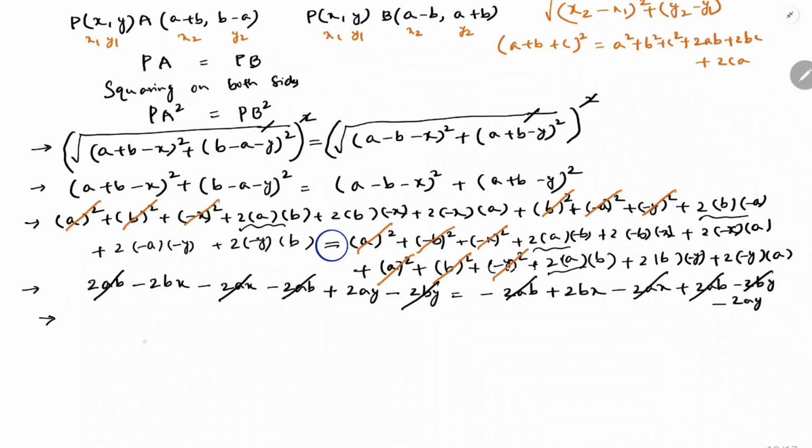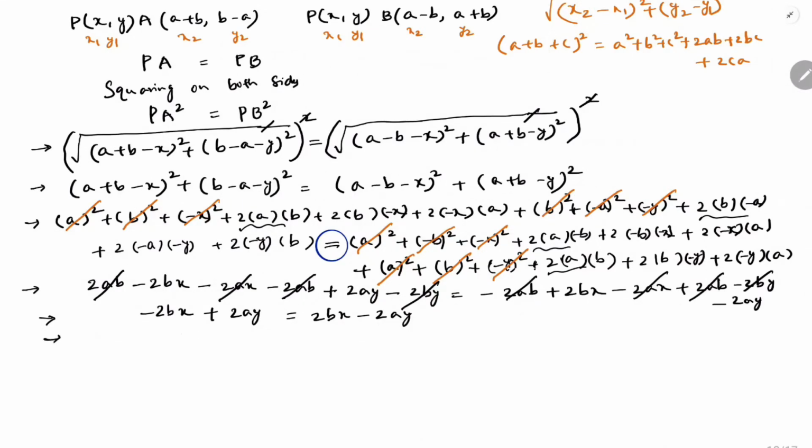Now you are left with minus 2bx plus 2ay on the left side, and on the right side 2bx minus 2ay. So minus 2ay take to the left side and 2bx send towards the right side.